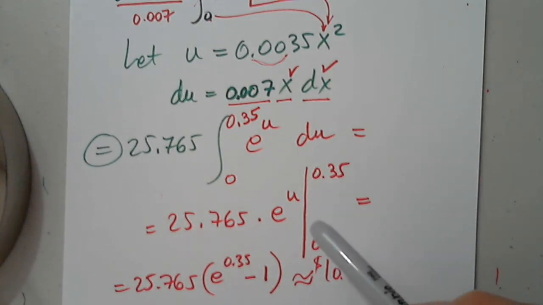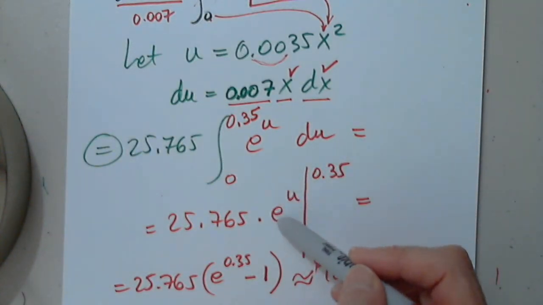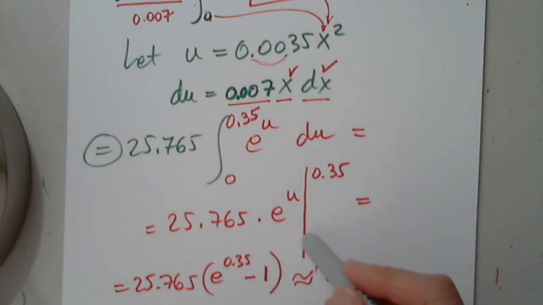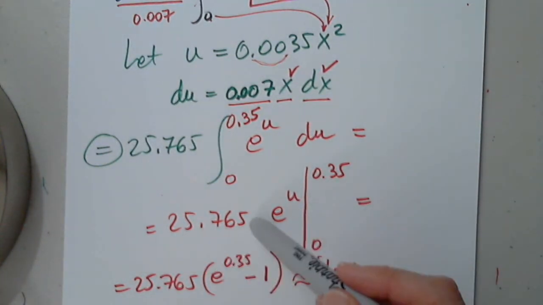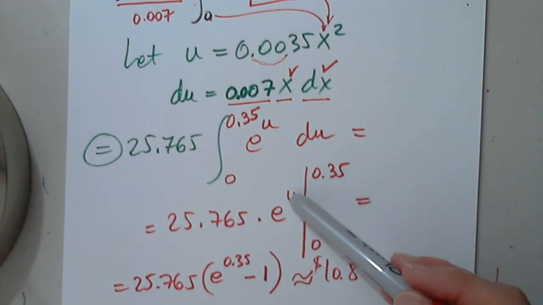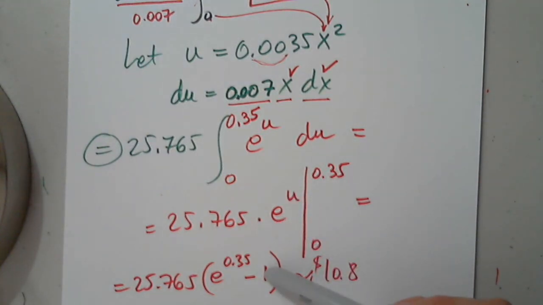The fundamental theorem of calculus says when you have the antiderivative, you will plug in 0.35 and subtract when you plug in 0. This is a constant. Only in u, right? So u gets replaced by 0.35 minus when I plug in 0. e to 0 is 1. Gotcha.